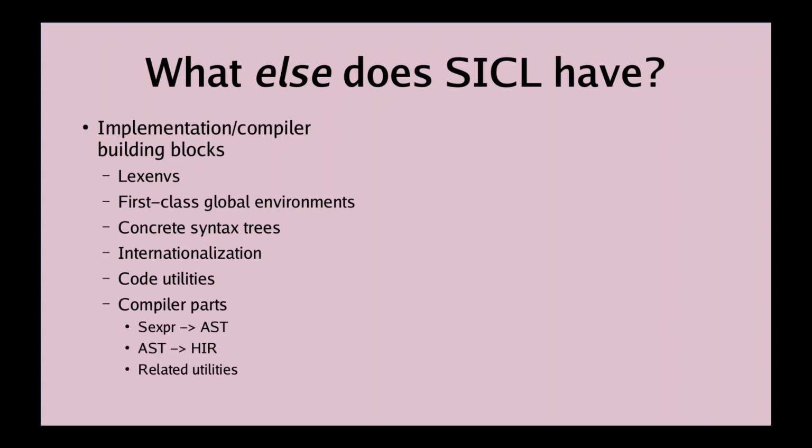There are also parts of the compiler: something to turn S-expressions into an abstract syntax tree, and then this into high-level intermediate representation, which is already something meant to be lowered further into machine code, and all utilities related to this.